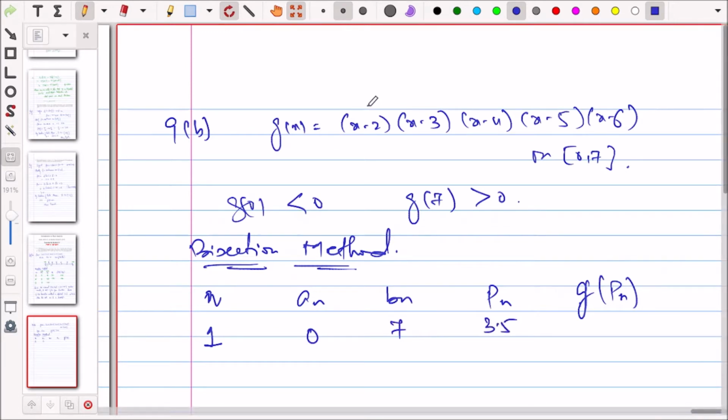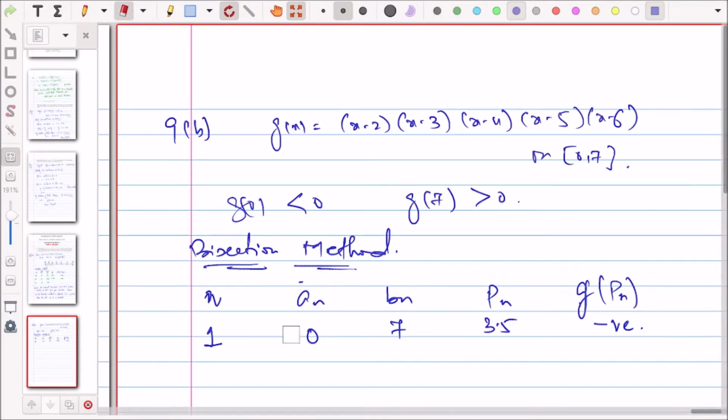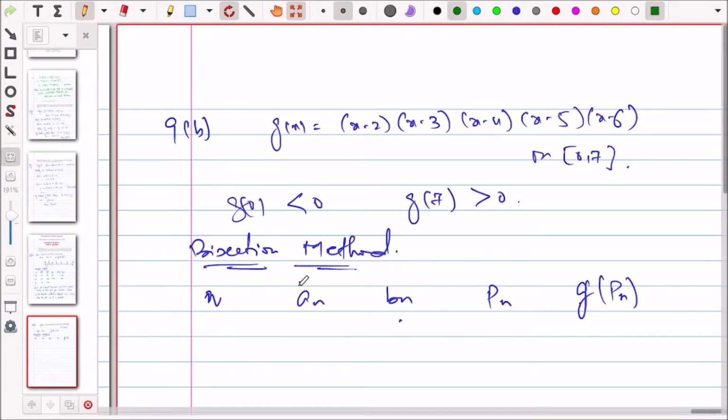Now if you look at 3.5, positive, positive, then 3 negative, so the sign of this is negative, and the sign of this is positive.